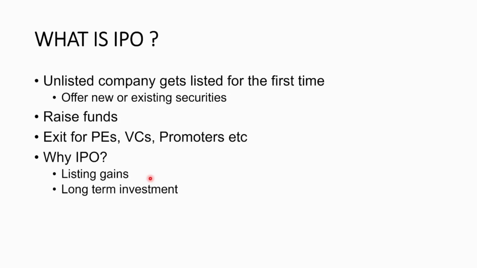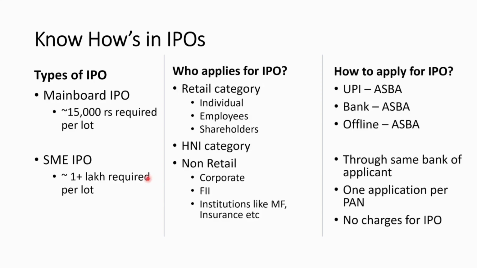Let us also see what opportunities are available, and we'll try to apply for an IPO ourselves. Some guidelines: we need to know about IPOs, the categories, and how to apply. Basically there are two kinds of IPO. One is the main board IPO, where the big companies are getting listed.